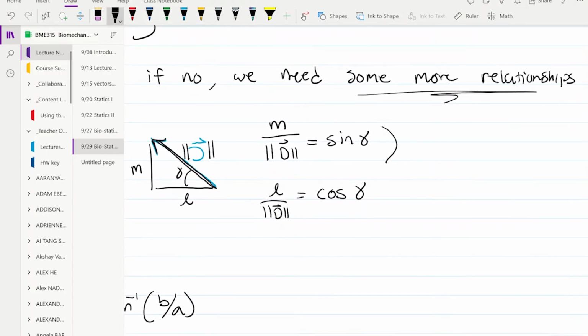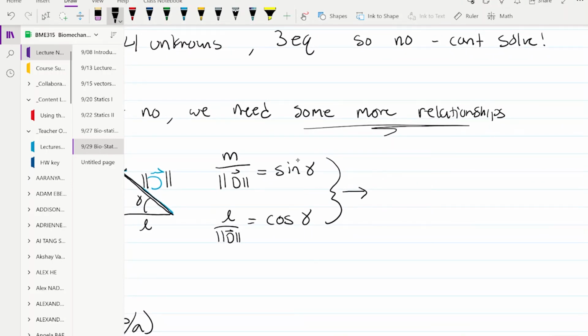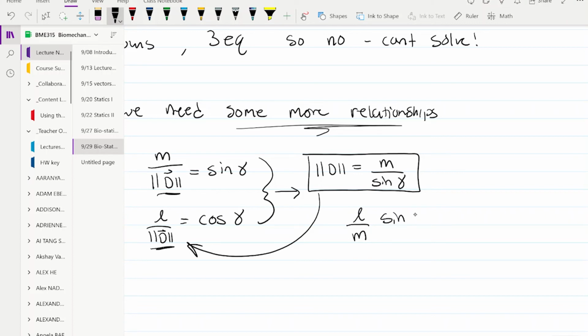So then let's use these two things together to make a relationship between all these things. We'll do that through D. So we'll solve for D. D is equal to M over sine gamma. And we'll use this and plug it in there. So now we have L over M sine gamma is equal to cosine gamma.